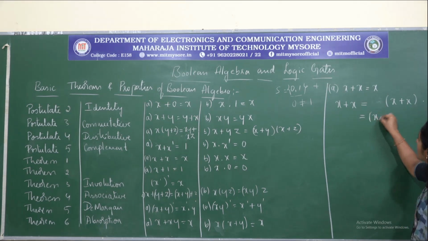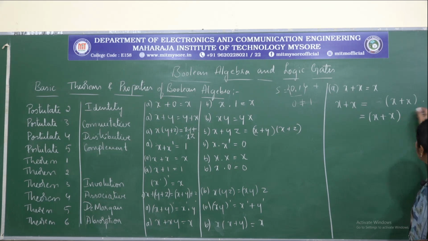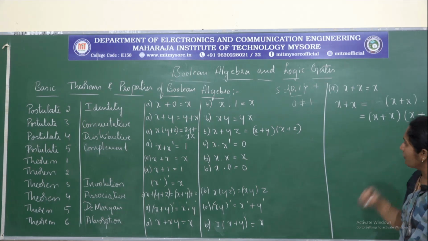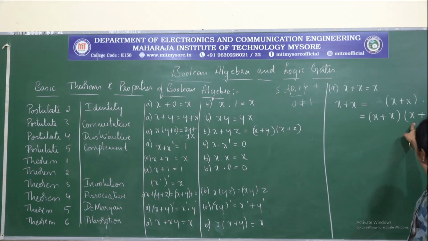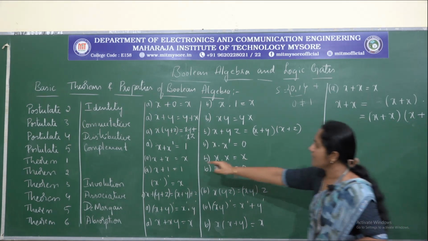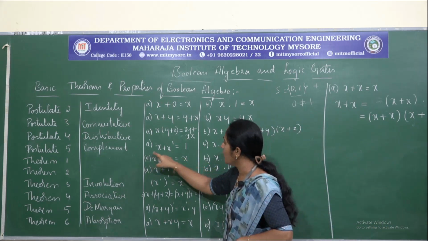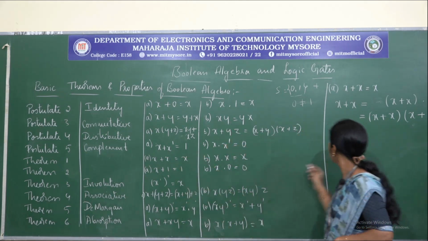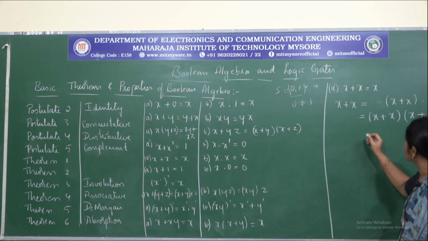For this 1, if you observe, 1 can be written as x plus x dash, from postulate 5. Therefore we can write 1 as x plus x dash.